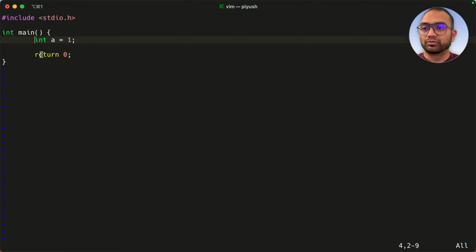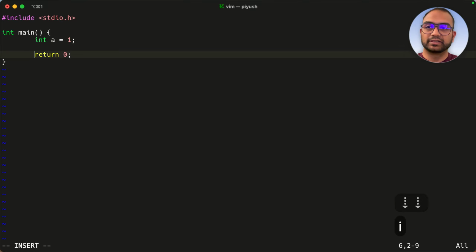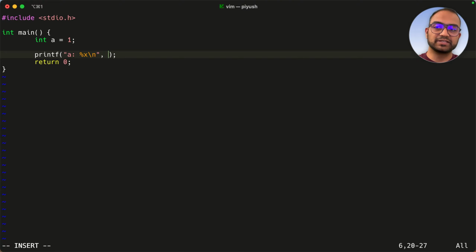So let's play around with this. We're going to use printf a lot, and we are also going to use %x, which is for printing numbers in hex. That makes life easy. What I'm going to do now is shift A by 31.